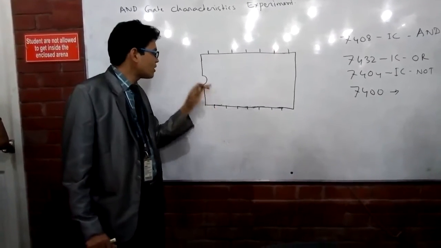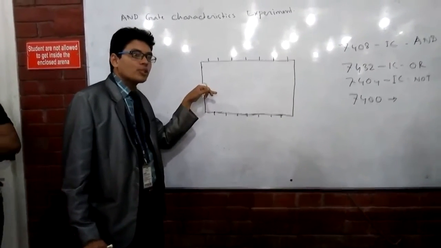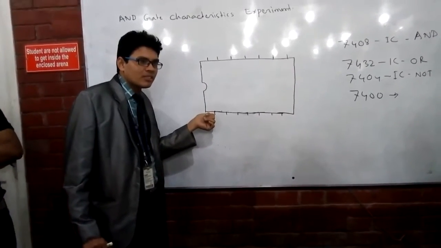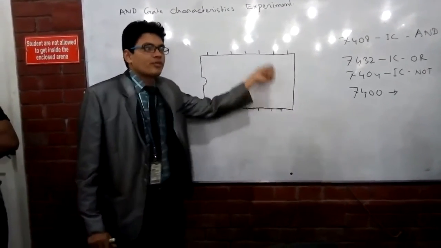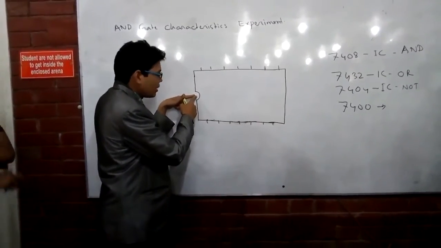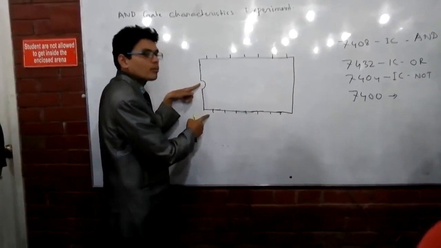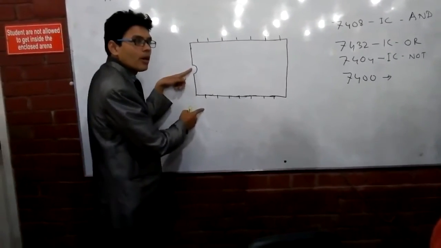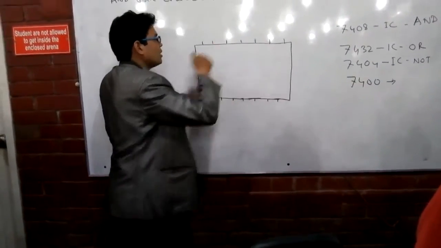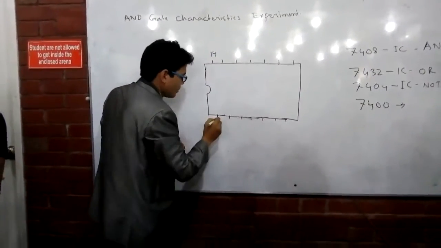The pin numbering goes anti-clockwise. Next to the notch is pin number 1, and then pin number 2 follows, and so on up to pin number 14.